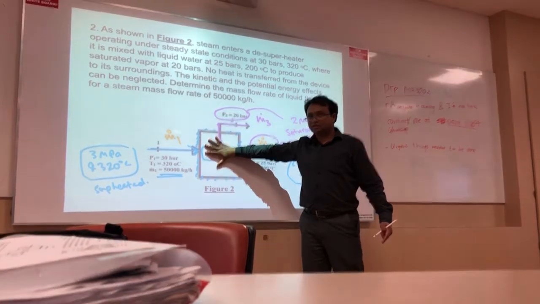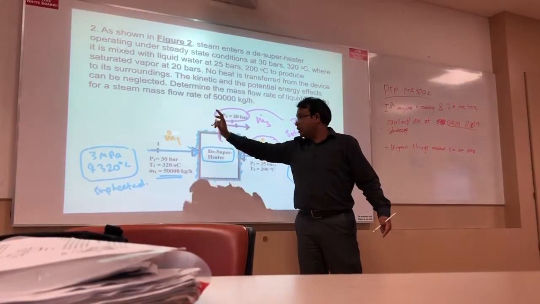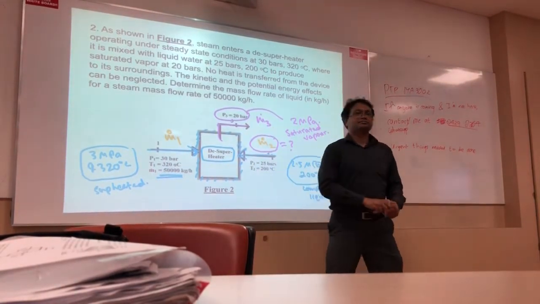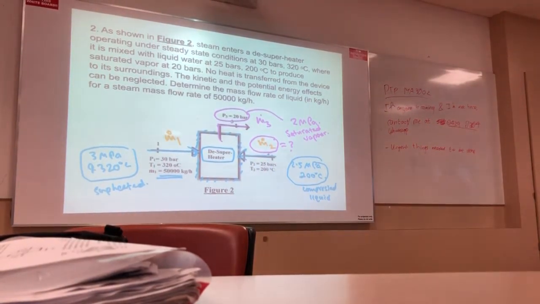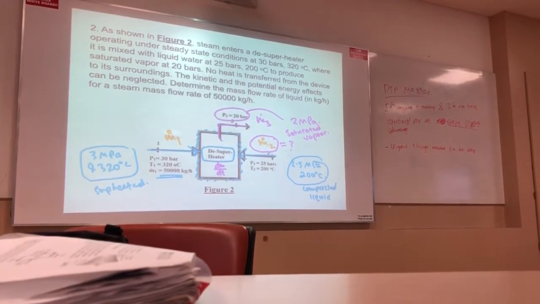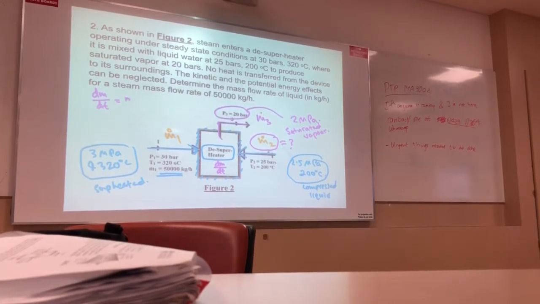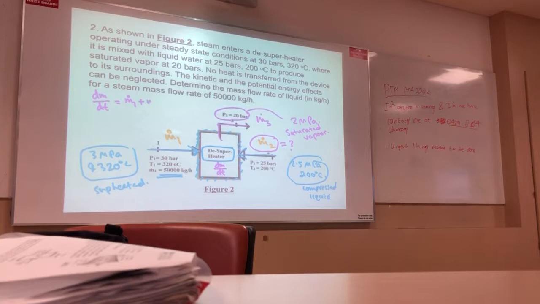This is the control volume, and what can we write? dm/dt is equivalent to ṁ1 plus ṁ2 minus ṁ3. dm/dt equals how much fluid enters the system, ṁ1 plus ṁ2, minus how much fluid is leaving the system, ṁ3.